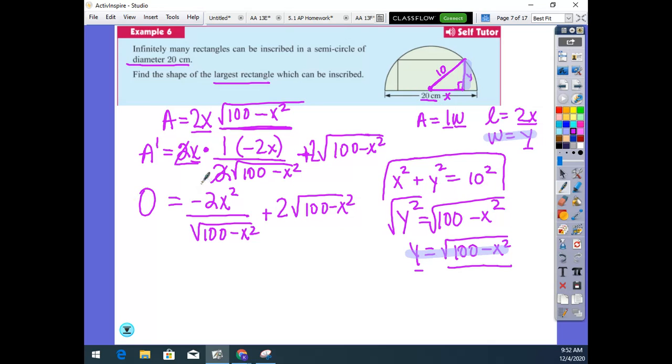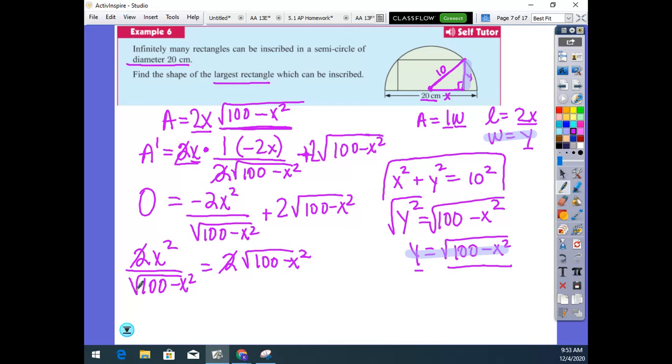So we're going to actually add this to the other side. So 2x over this equals 2 times the square root. Do you see that if I divide both sides by 2, the 2's really just go away? Okay.